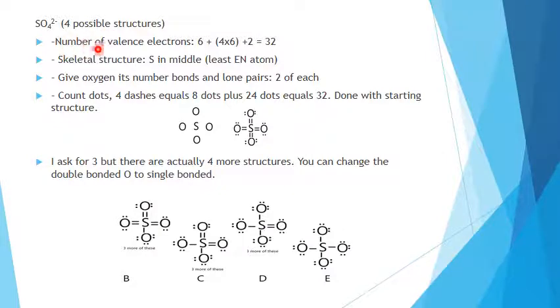So the first thing you do is figure out the number of valence electrons. Sulfur has 6 and each oxygen has 6. You can find that out from the periodic table from what column it's in. Remember, column 1 has 1, column 2 has 2. All the ones in the middle will have 2, usually, unless told otherwise.